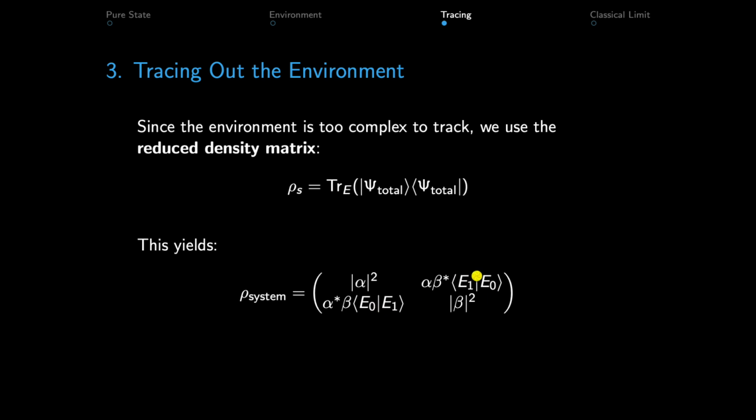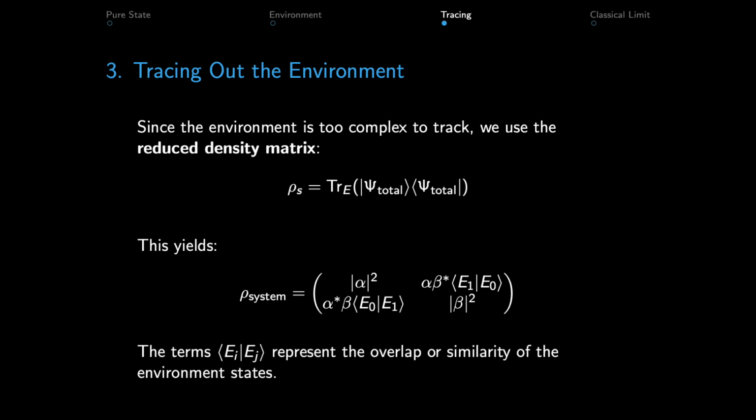And this particular interaction is what makes the problem interesting and also in a way challenging, because the term Eij, where i is just the index representing 0 and 1, represents the overlap or similarity of the environmental states.